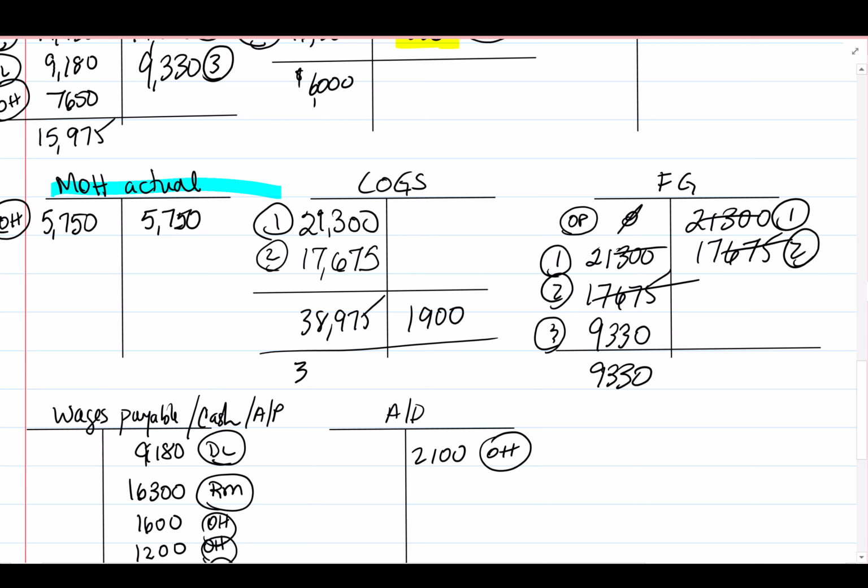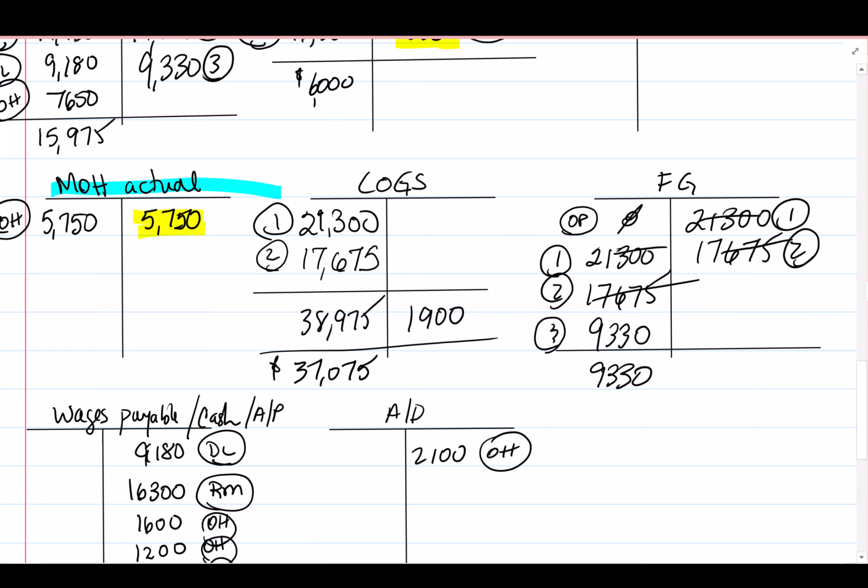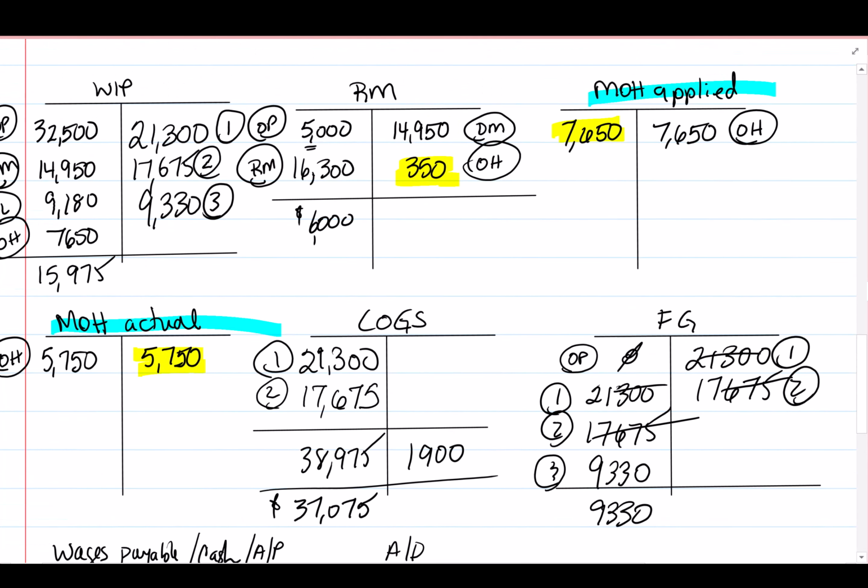Which means my adjusted cost of goods sold is $37,075. So I credited my actual, debited my applied. The difference of 1,900 needs to go on the credit side. So therefore my cost of goods sold is decreased to $37,075.